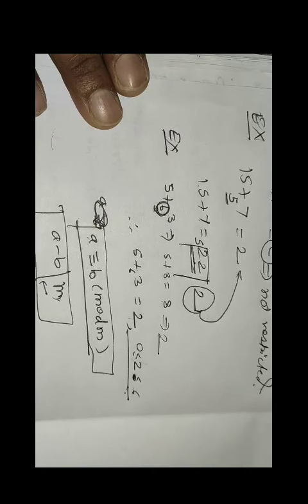Some more examples we will discuss in the next lecture. Like this, I take one example. Suppose 9 is congruent to 4 mod 5. Here 9 minus 4 is 100% divisible by 5.